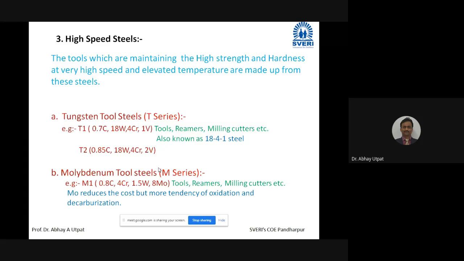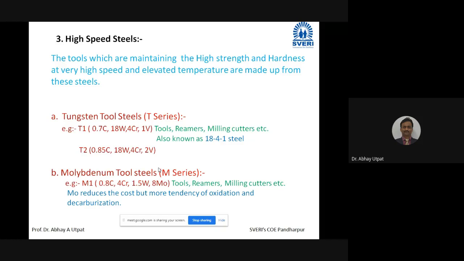If you see, the applications are tools, reamers, milling cutters, and one market standard name, 1841. Remember this, write it down somewhere. This is an oral question and interview question, as well as an MCQ question. Write a short note on 1841.